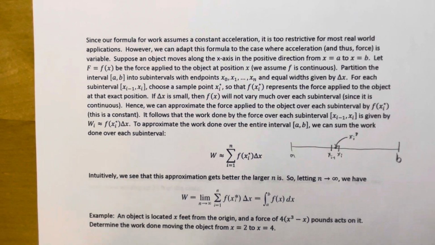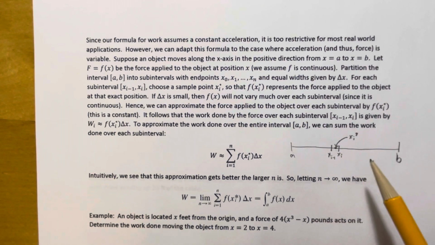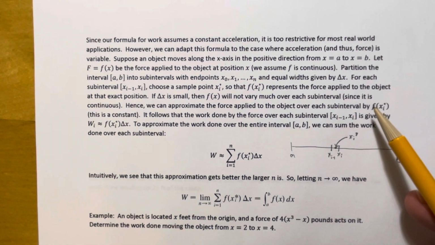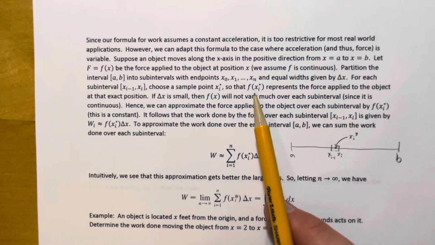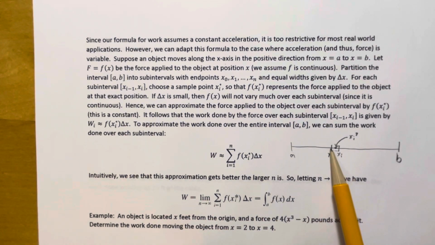In other words, if a function is continuous, then small changes in your independent variable will induce relatively small changes in your output variable. So a small change in my position should only induce very, very small changes in the force applied throughout that interval.